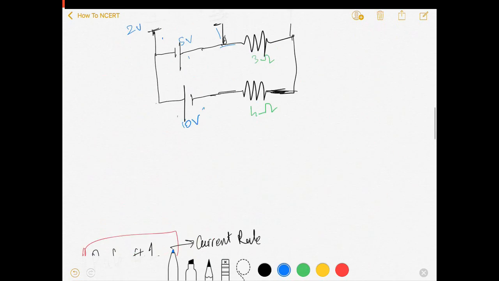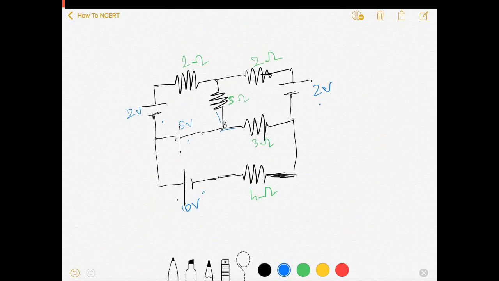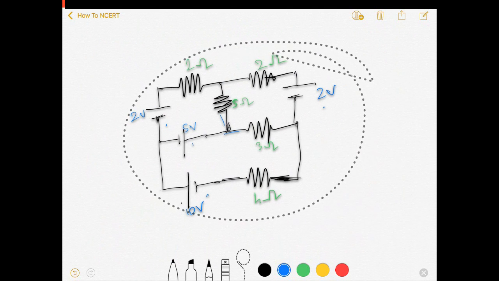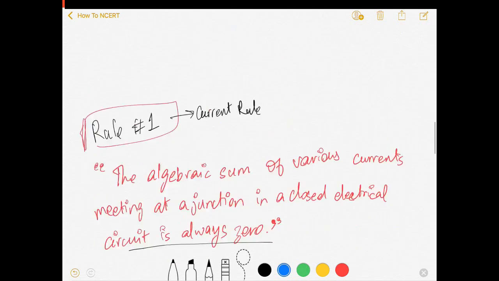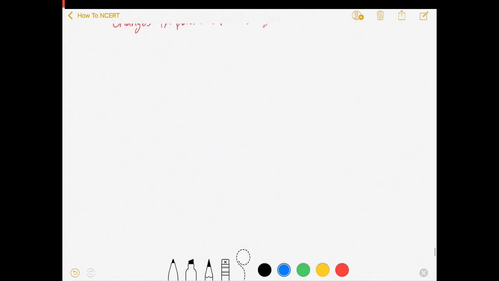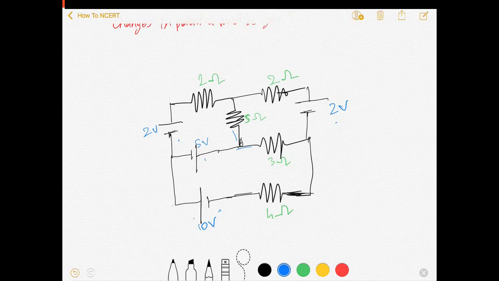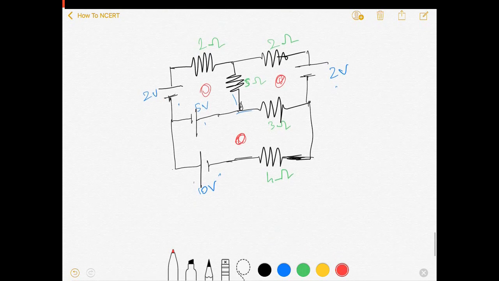All right. Say I take this weird complicated circuit again. When you observe, you can see that I have three individual loops over here, right? One here, and one here. Now think of it as a person walking from one point and coming back to the same place.